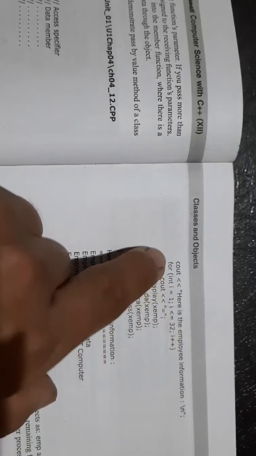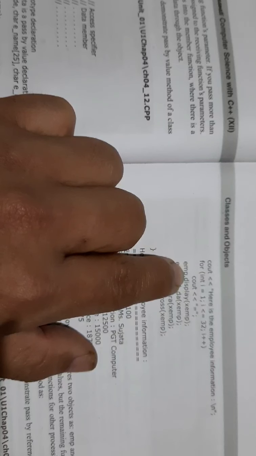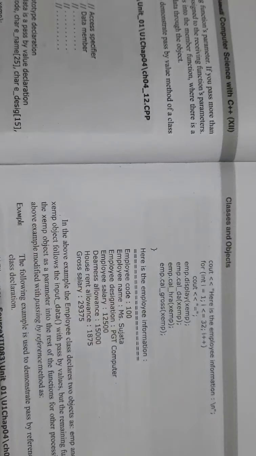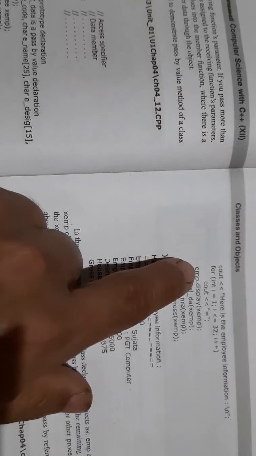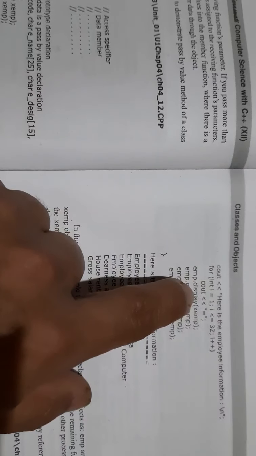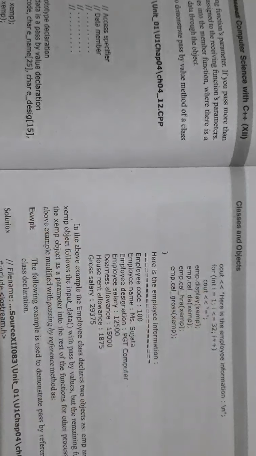We have the cout, here's the employee information, and the for loop. Next, here again you see some slight changes. You see this line emb dot display xemb. Here you are using an object to access the member function, and this member function is passing the object as an argument.